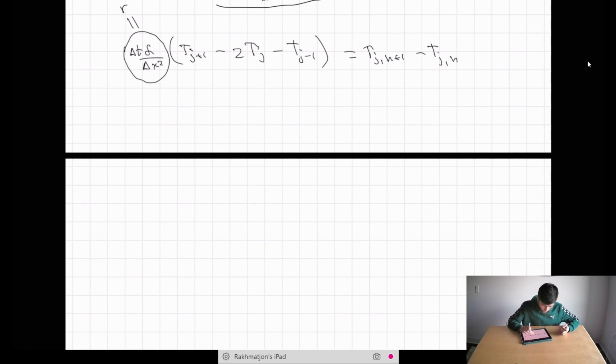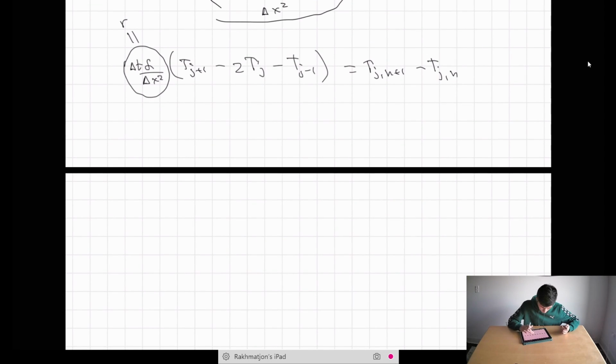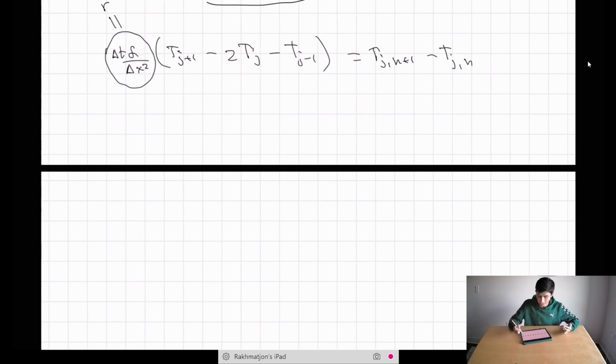Okay, and so now I can make this the subject of our equation. In that case, I can find out how the temperature at a specific point is changing with respect to time.